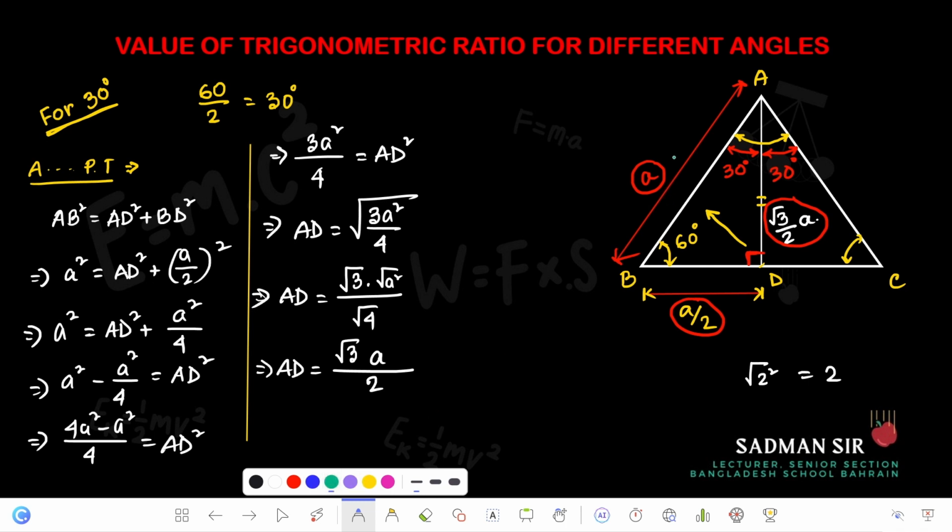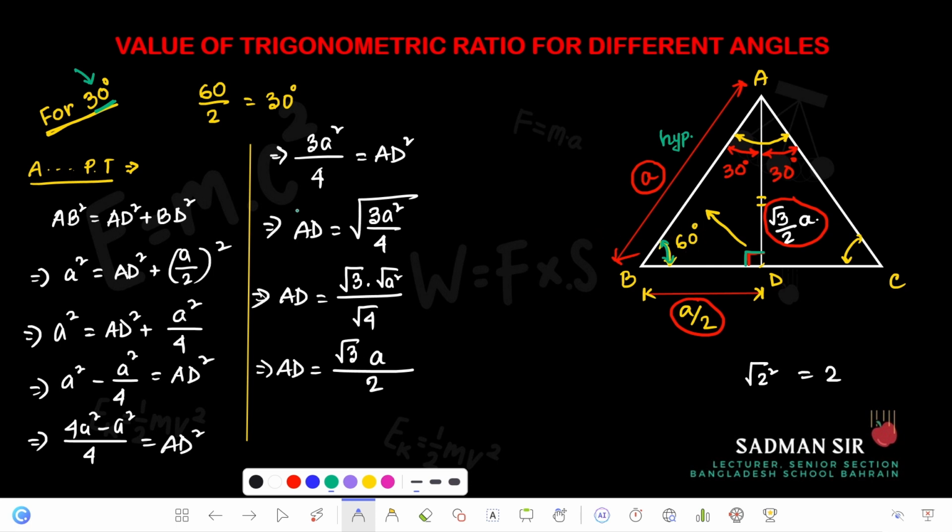Okay, so this is 90 degree, so the side opposite the 90 degree is the hypotenuse. I wrote it in short. And then remember we are trying to find out the values of angles for 30 degree, right? So we have one angle here, 60 degree. Should we consider theta?